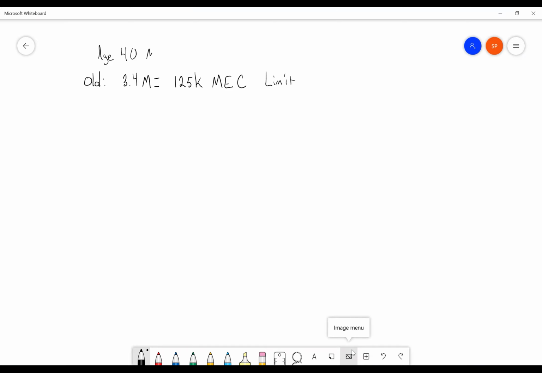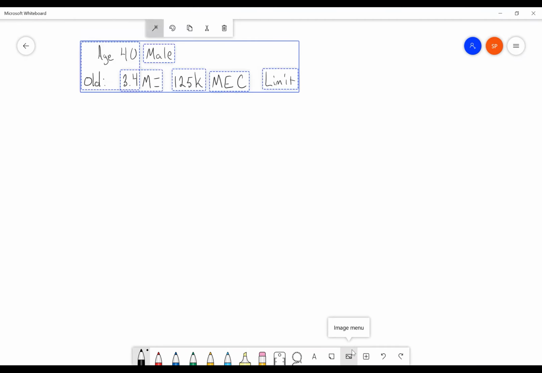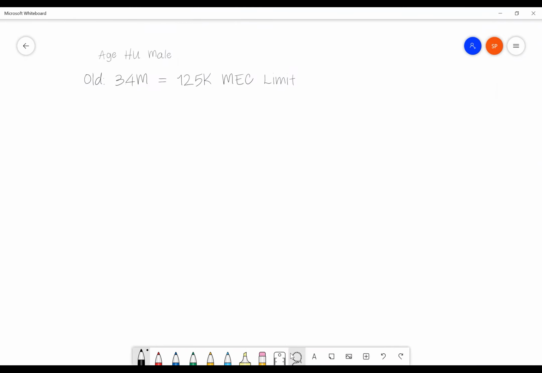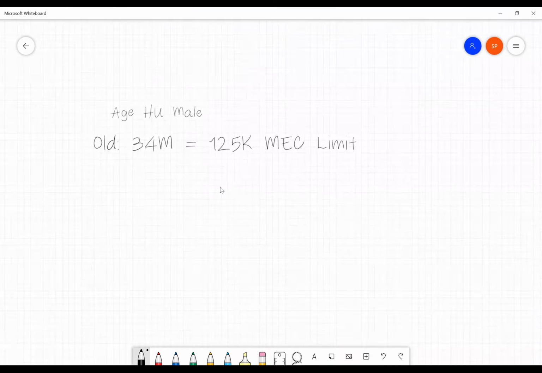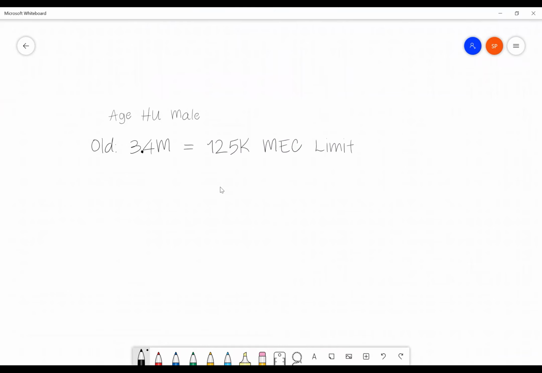And I hate my handwriting on this thing. Use some artificial intelligence to improve it. $3.4 million, age 40. Pretty cool, huh?